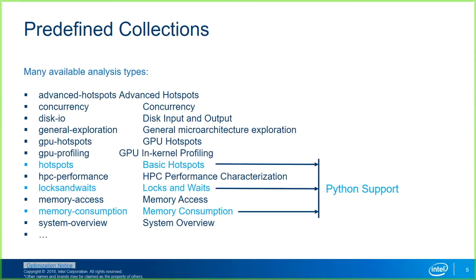So most of the time when I'm profiling a code, I use either HPC performance or general exploration. And that's because general exploration focuses a lot on the core level, and HPC performance is better suited for multi-threaded workloads.